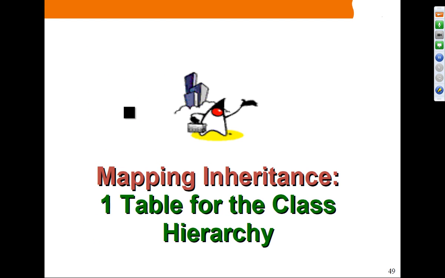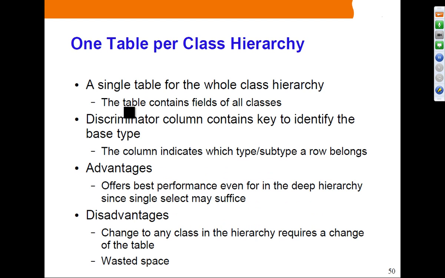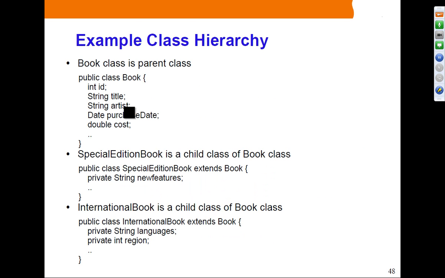Okay, so let's look first at the scheme, one table per class hierarchy. In this scheme, a single table is used for the whole class hierarchy, meaning that single table contains fields of all classes. In our case, it will have ID, title, artist, purchase date, cost, special features, languages, and region.